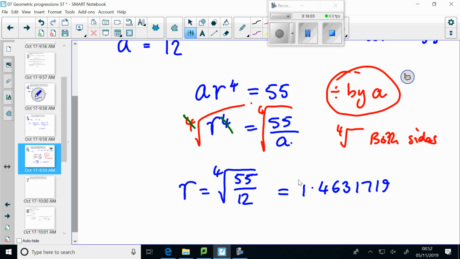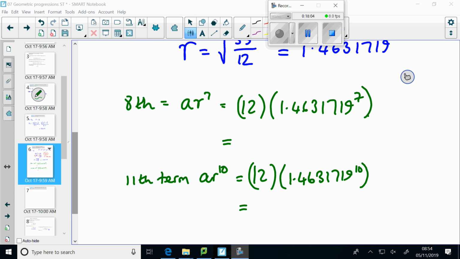Okay, for the 8th term, 4 significant figures.